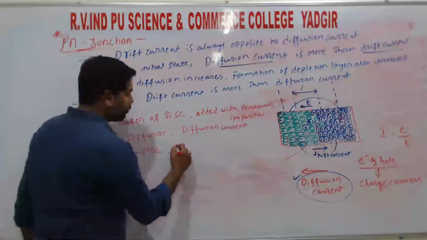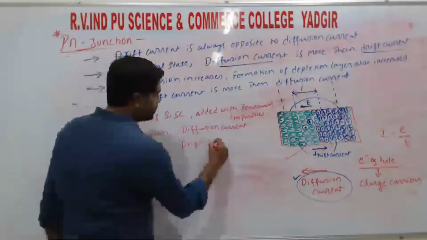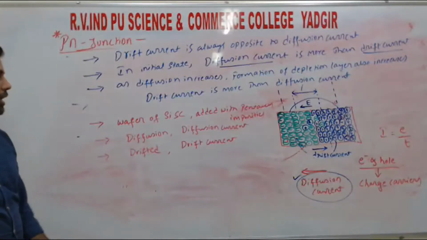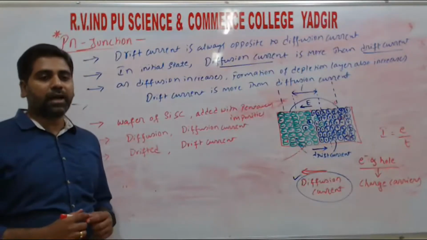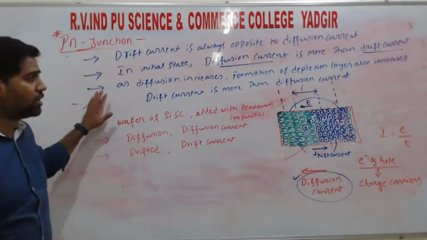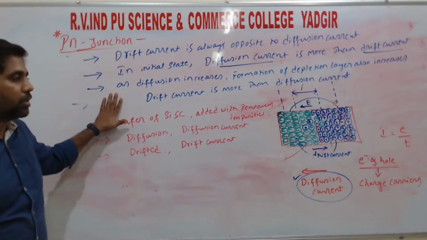So the current flowing due to that is drift current. At equilibrium, the drift current equals diffusion current, and hence the net current is 0. Likewise, the PN junction is formed, right?